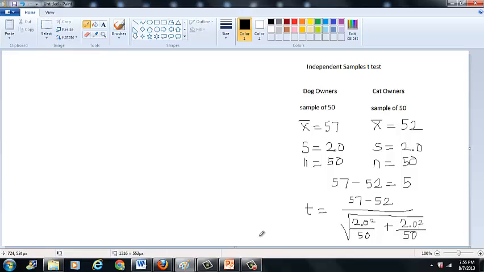How can we solve this square root on the bottom? Well, 2 squared is 4, so we end up with 4 over 50 plus 4 over 50.